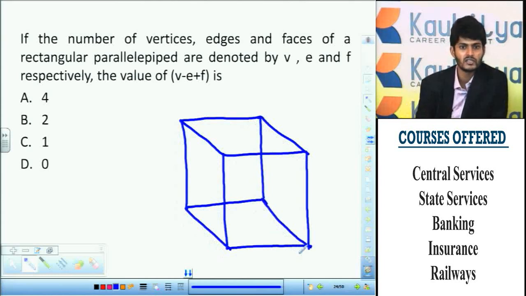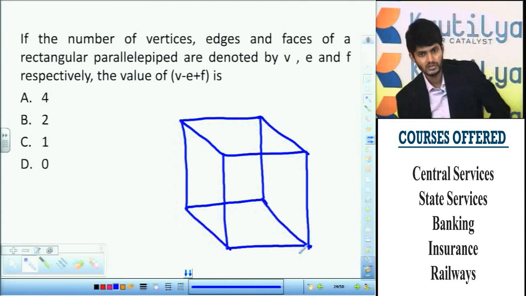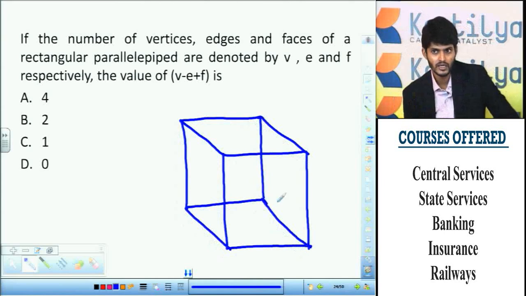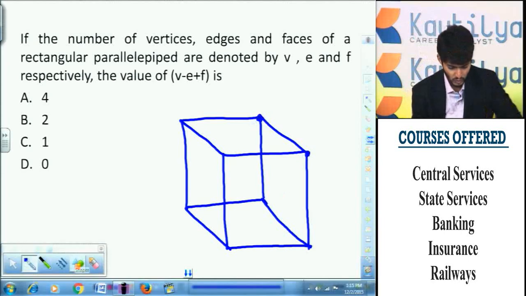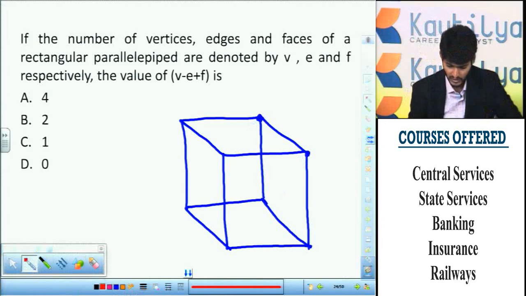So for any given figure, the first thing that we need to understand is the terminology that is associated. Here the terminology is speaking about vertices, edges, and faces. So let us say I take a 3-dimensional figure like your rubber or any cube that you generally use for playing. Whatever these values are there, let me take another color for you.